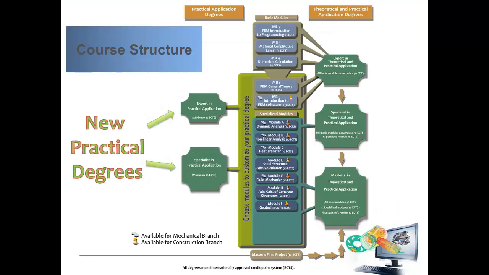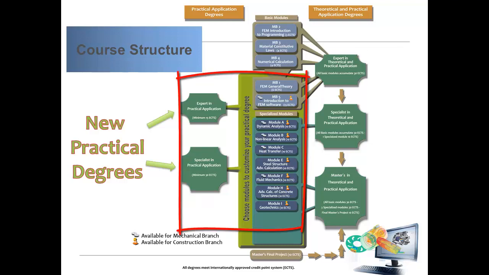Here you have the full course structure, and you can see that we have two types of degrees. Here we have the new practical degrees, which are available from this edition.